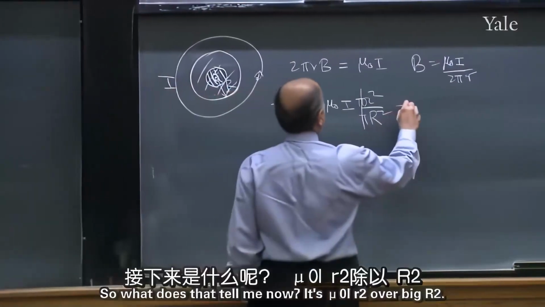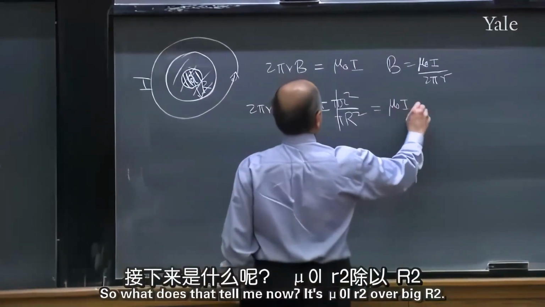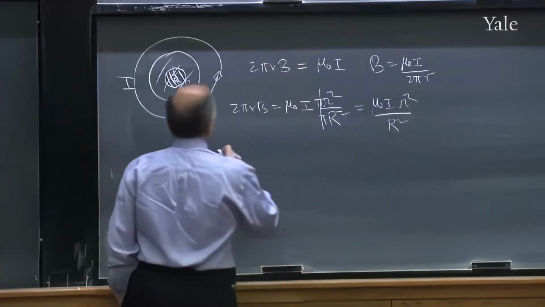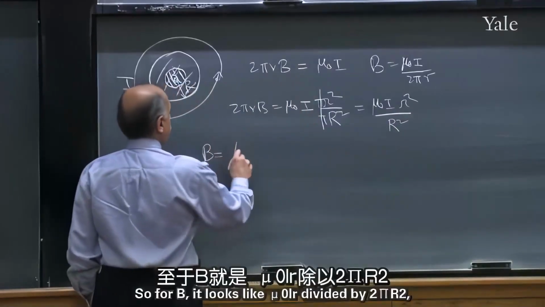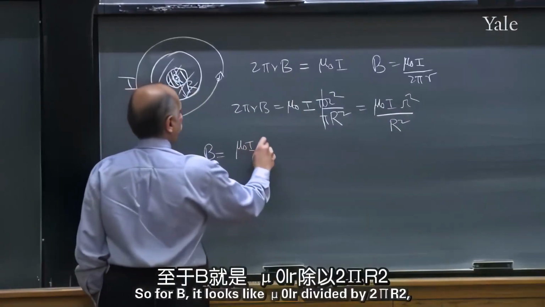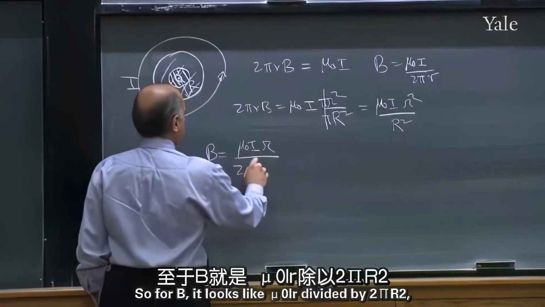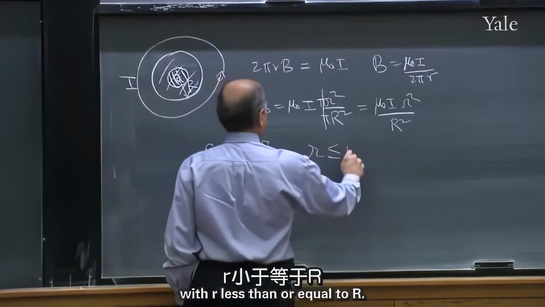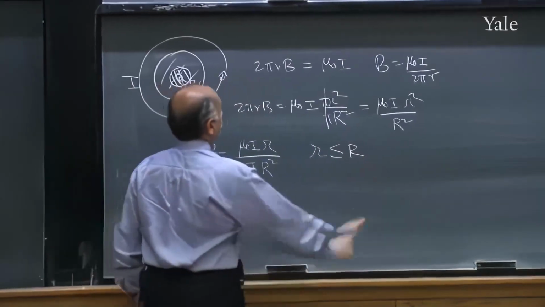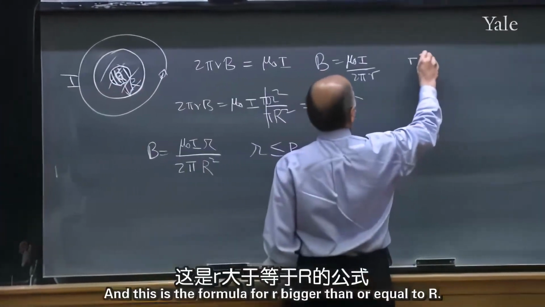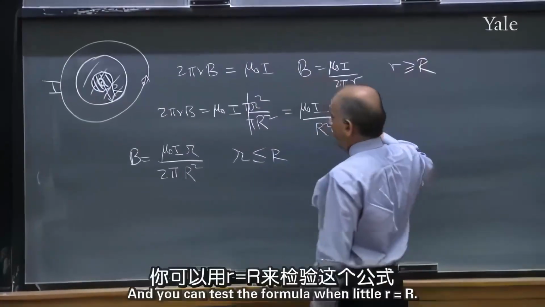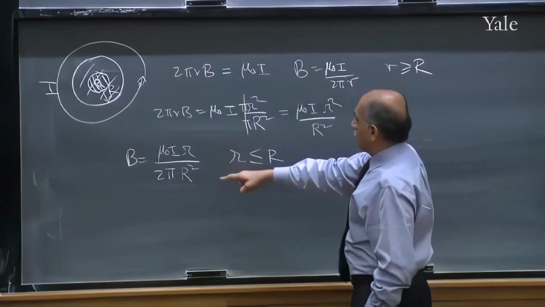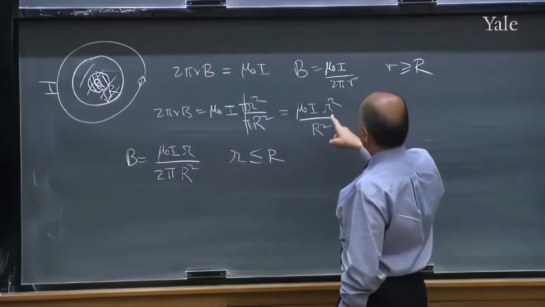So what does that tell me now? It's mu 0 I r squared over big R squared. So therefore, B is mu 0 I r divided by 2 pi R squared for r less than or equal to R. And this is the formula for r bigger than or equal to R. And you can test the formula when little r equals big R. That's correct.